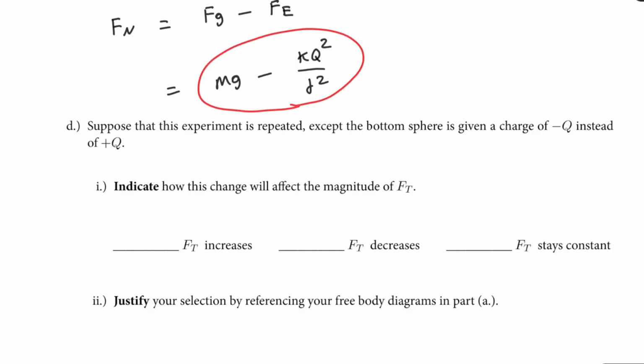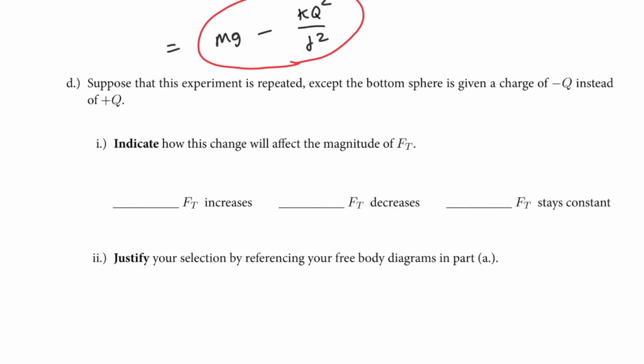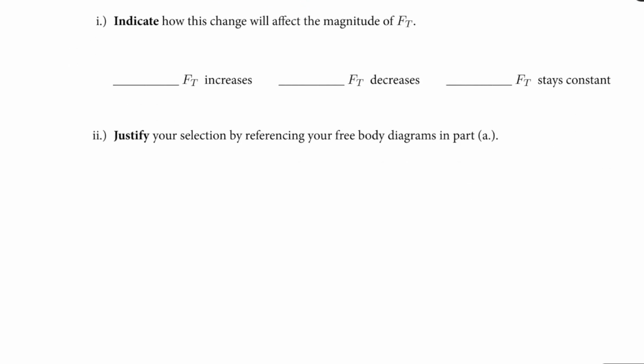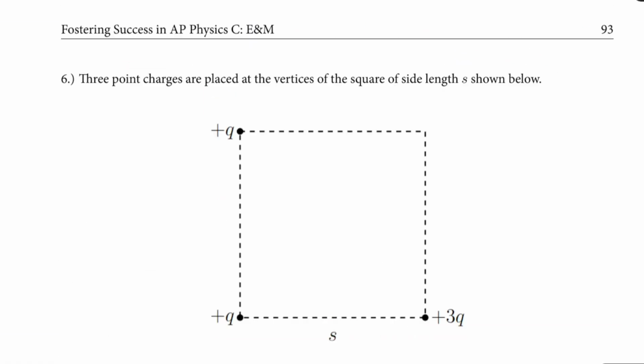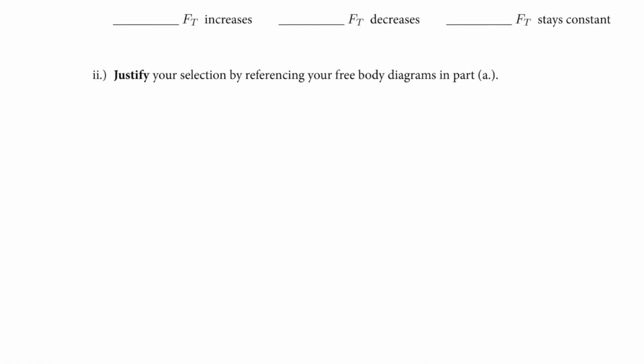All right, suppose instead we replace the bottom sphere with a negatively charged one instead of a positive. So originally they're opposite. Now let's look at what they do if they're the same sign. In this case, we're looking at what would happen if both of the spheres were negatively charged.